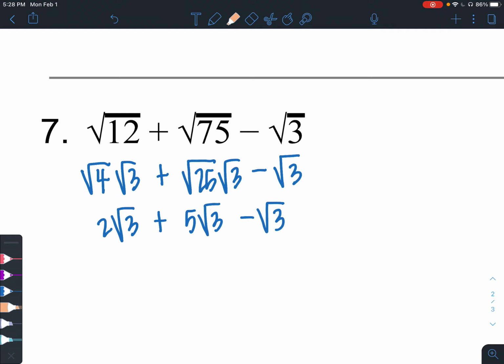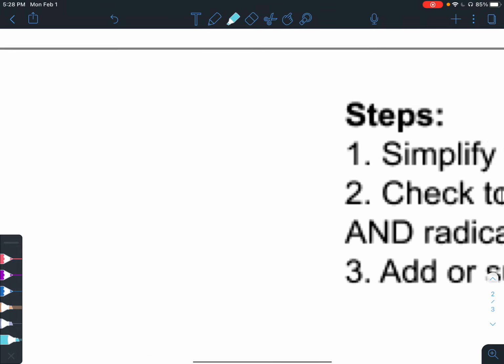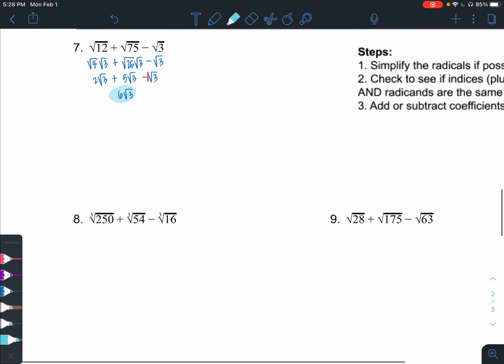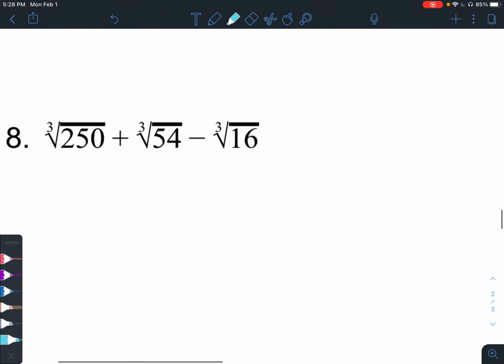So my indexes of 2, those invisible 2's, are the same. I have 3 as my radicand, so I can simplify to be 2 plus 5 minus a 1, invisible 1 there. So we get 6 radical 3 as our answer.